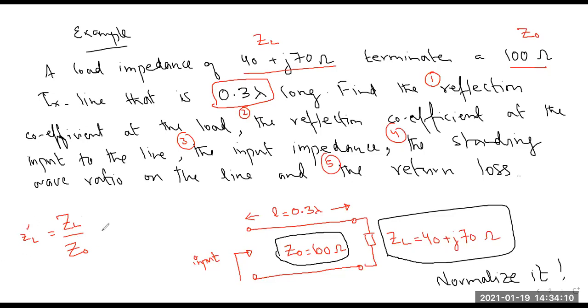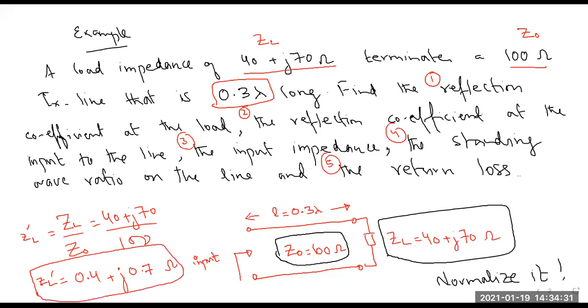So we get the normalized value, that is 40 plus j70 divided by 100. So zl dash is going to be equal to 0.4 plus j0.7, where the normalized real part is 0.4, and the normalized imaginary or reactive part is 0.7. So this is our normalized load impedance that we are going to use on the Smith chart.